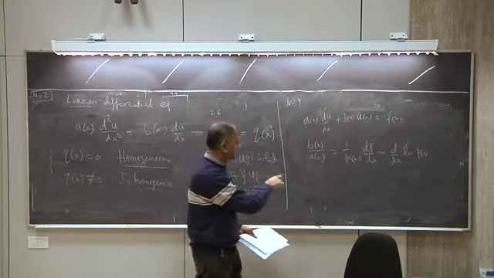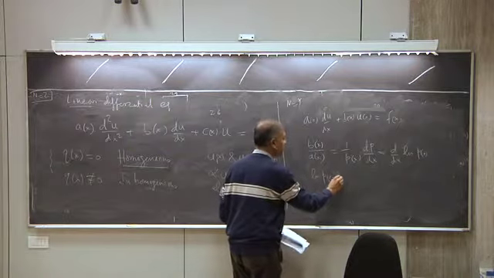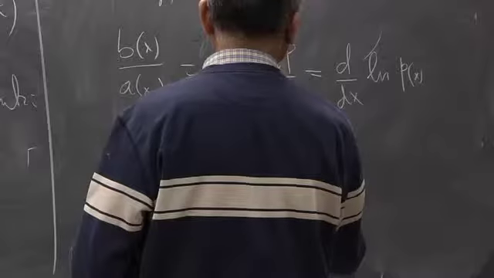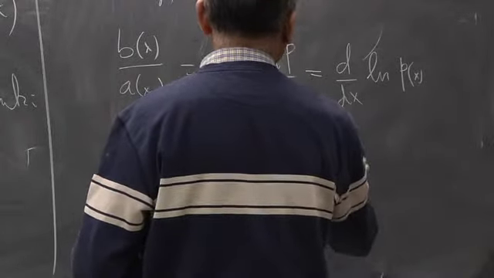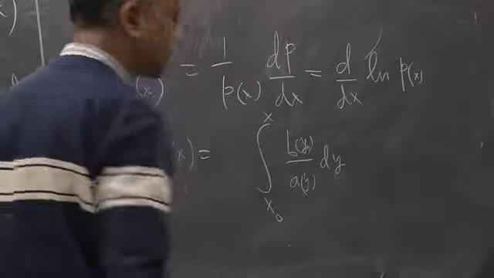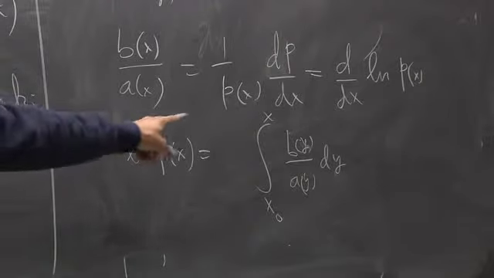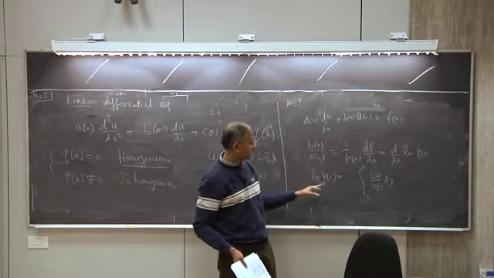Okay. So I can solve this: log of p(x) is just the integral of b of y over a of y dy, from some fixed point x naught to x. Right? This is the solution. Just look at this: if you take d by dx of that, you just get this.